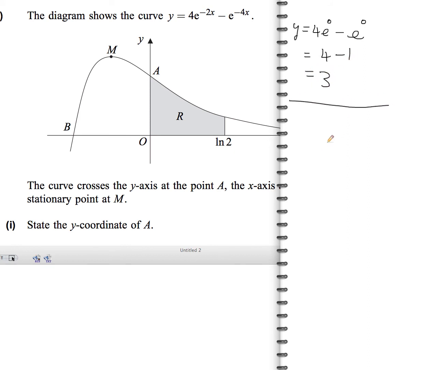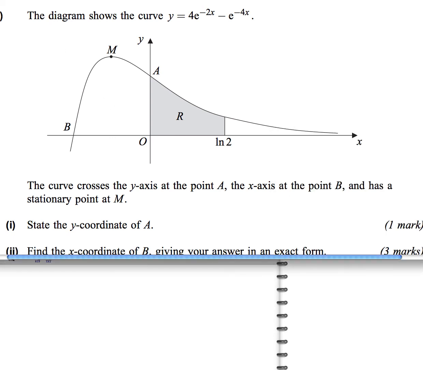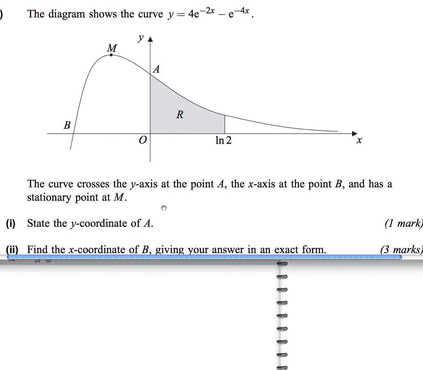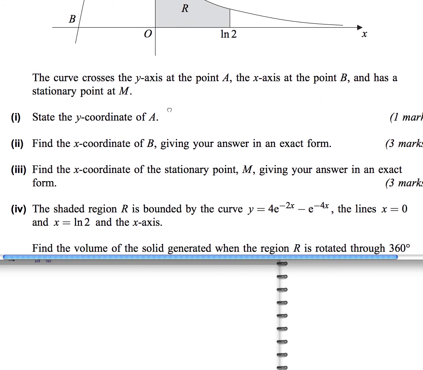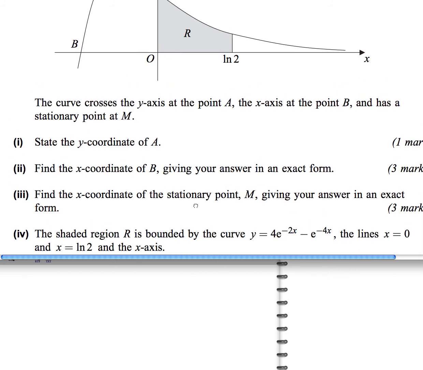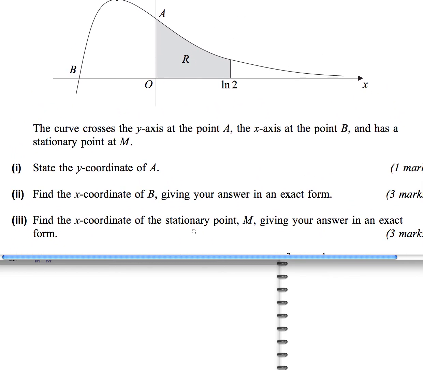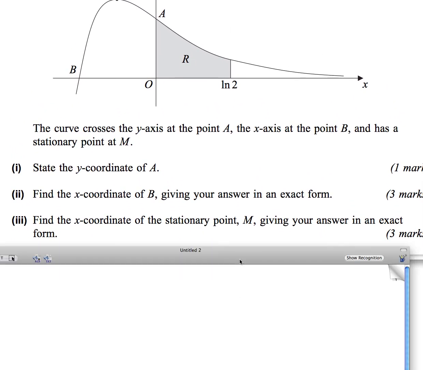So that's what A is. Now find the x coordinate of the stationary point M.